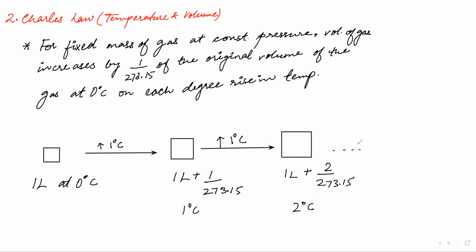That means if we increase 273.15 degrees, will it occupy 2 liters instead of 1? Yes, exactly correct. 1 liter plus 273.15 upon 273.15 will be equal to 2 liters.